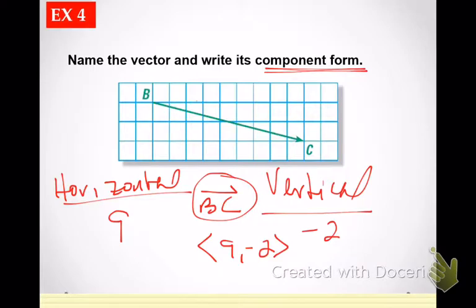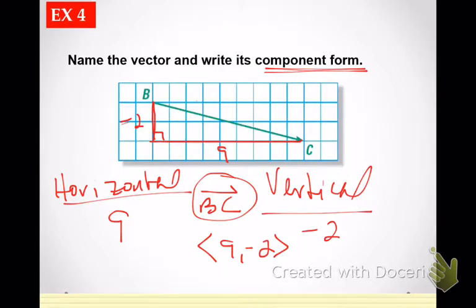Because component form is the horizontal component and the vertical component, if we drew those in, we would make a right angle, because horizontal and vertical lines are right angles. And you can see that we now have a right triangle, where this component is 9, and this component is -2. It doesn't matter if it's 2 or -2. We're talking about distance, so it's going to be 2.